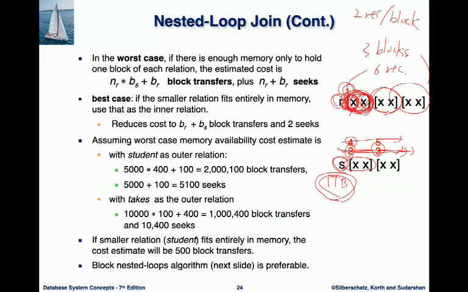So we read the next block, that's block transfer number 6. For this record, we do a full scan on S. Therefore, we do additional block transfers. Every block in S will be read once from scratch.